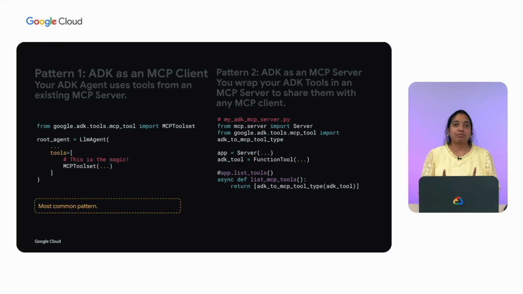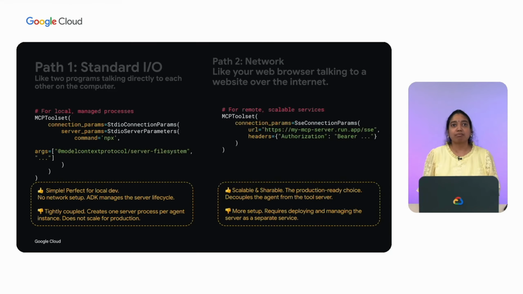There are two primary connection methods. The first path is standard I/O. This is for your local development. It runs the server as a subprocess, but it doesn't scale, right? So for production, you have to use the HTTP network, which is the standard, and your agent connects to a standalone service via URL. This provides high scalability.